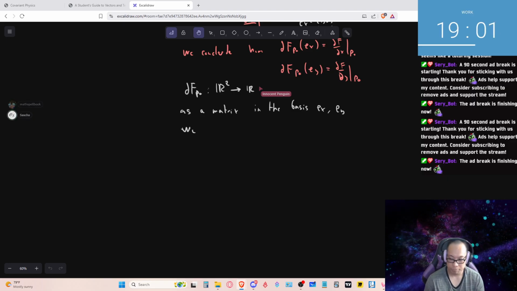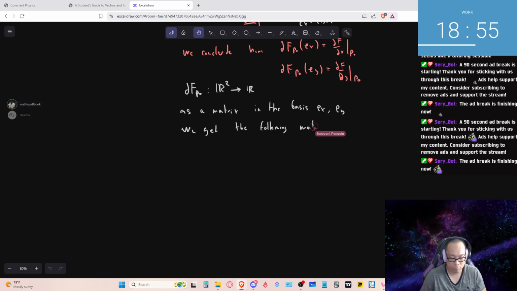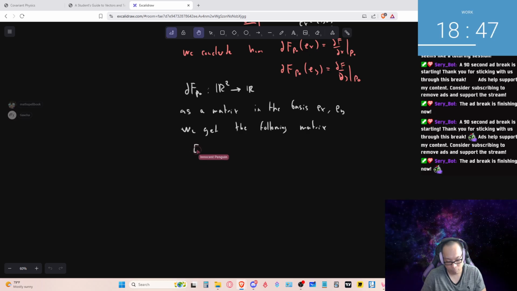We get the following matrix. It's a map from R2 to R, so we expect a matrix of this form. Some row matrix.